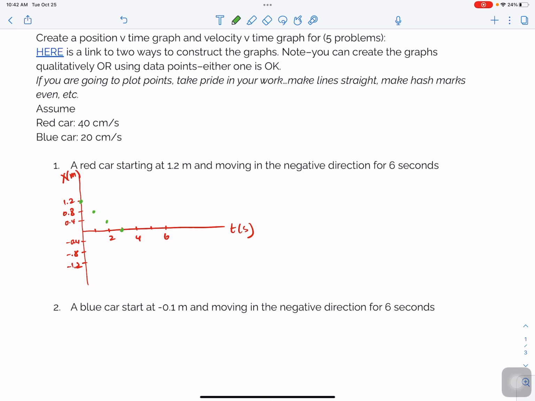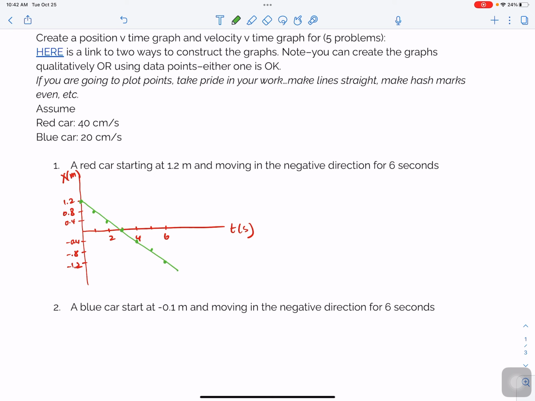At 4 seconds, I'm at negative 0.4. At 5 seconds, I'm at negative 0.8. And at 6 seconds, I'm at negative 1.2. And that's because every single second, the car goes 0.4 meters or 40 centimeters. And so that's what my graph looks like.